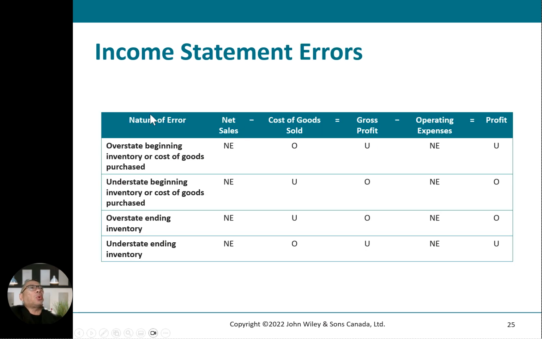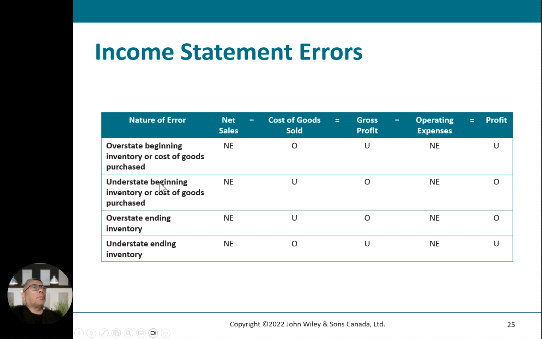Okay, when you look at the nature of the error here, there's an income statement error. When we overstate beginning inventory, the net effect will be O, overstated, E, understated gross profit. Understated profit. So overstating the beginning inventory means the profit will be understated, okay? That's what it means.